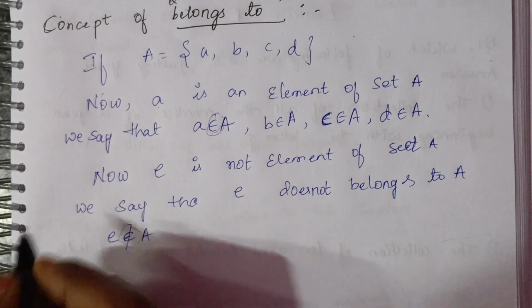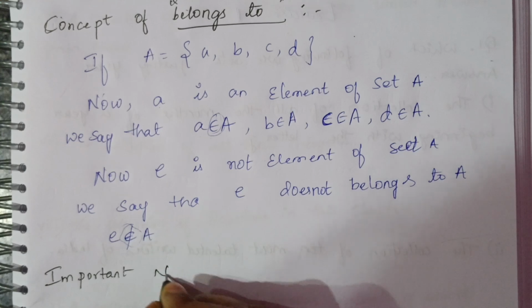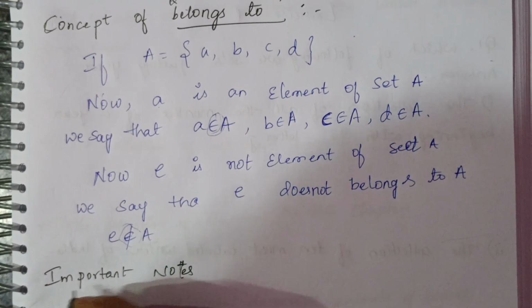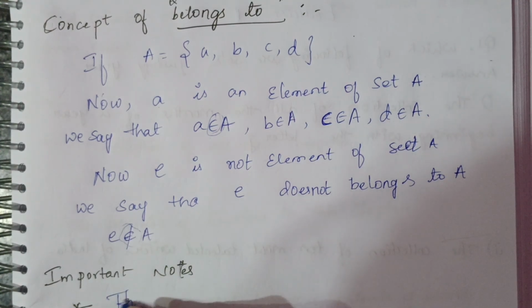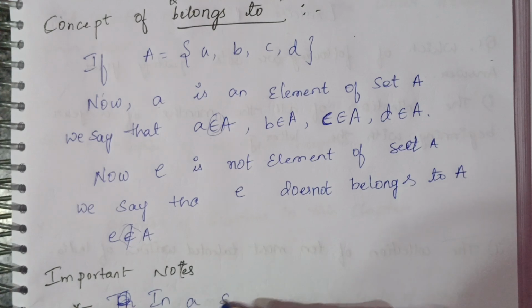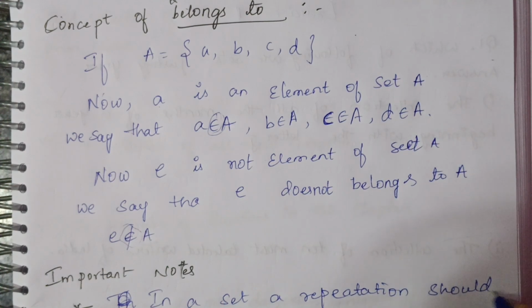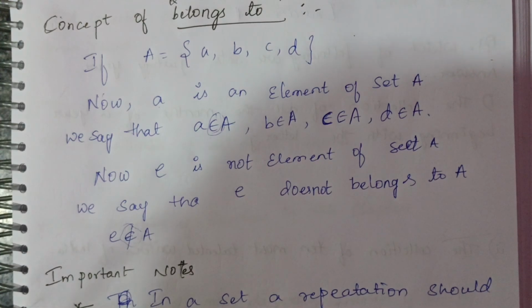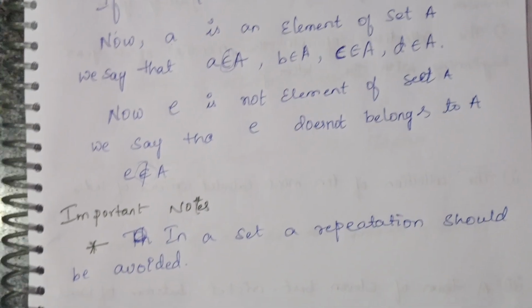Next, two important notes are there. One is, in a set repetition should be avoided, which means distinct elements should be there in a set.